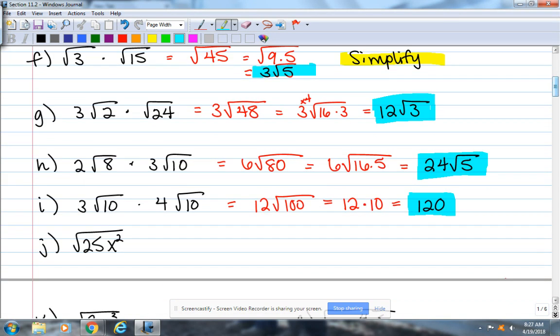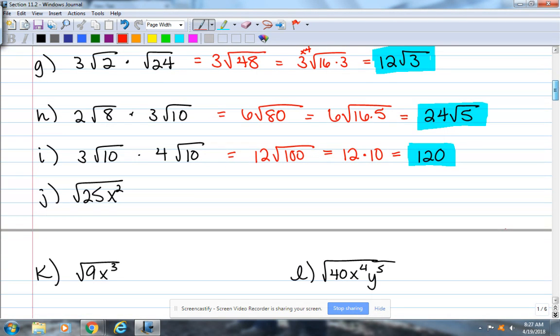So, we haven't seen anything with variables yet, and this is algebra class, not arithmetic class, so we've got to see variables. So that's what's happening to us next, is we got numbers and variables in the radical. If you have numbers and variables in a radical, the first thing you're going to do is give each term its own radical.